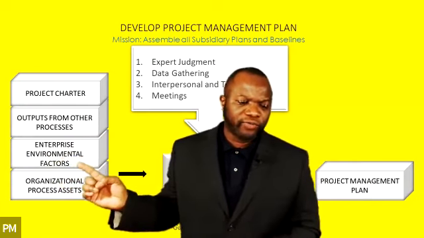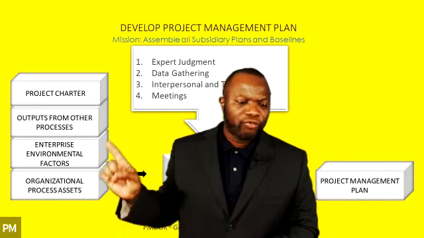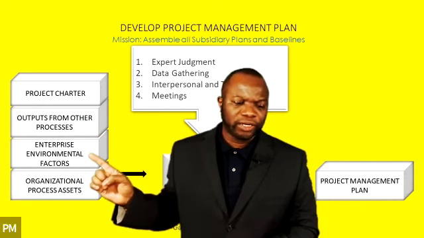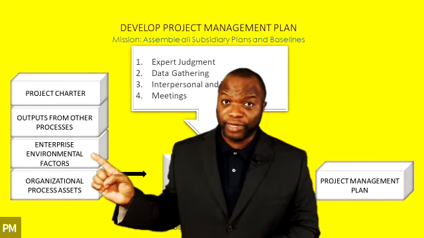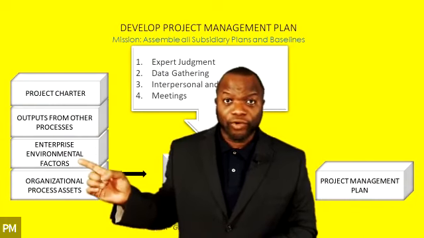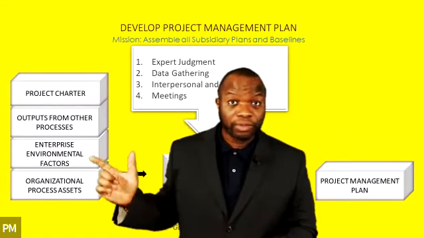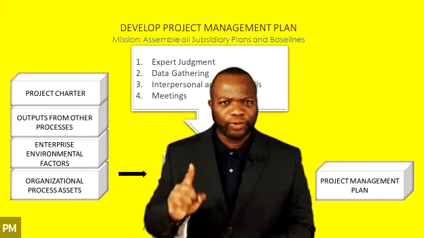Okay, enterprise environmental factors and organizational process assets, we've talked about these. Remember the mnemonic, only great individuals inspire resources every day. And remember, my senator legalized cranberry and granola for patients, probably hungry patients. But you remember that.